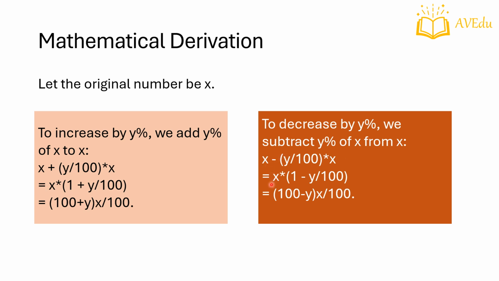In this expression, we can observe x is common in both the terms. So we take that out and rewrite this expression as x times (1 minus y by 100), which is further simplified as (100 minus y) multiplied by x divided by 100.